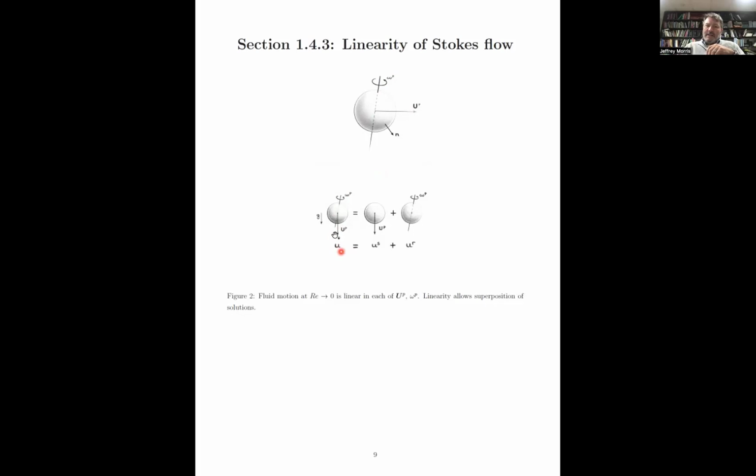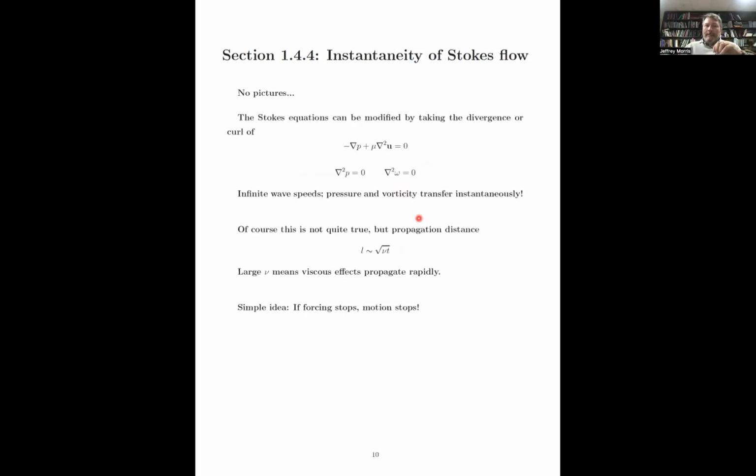That velocity of the fluid that's induced by these two motions, so little u here will be the fluid motion, big U is the motion of the particle, and omega p is its rotation. This velocity of the fluid can be determined by summing the result of the particle translating and rotating separately, and then putting them together with the associated boundary motions, right? So that's one of the consequences of linearity.